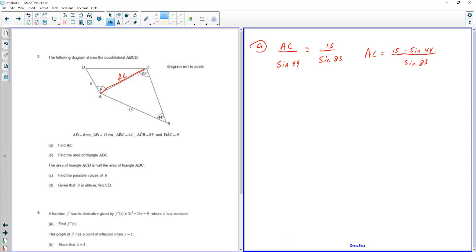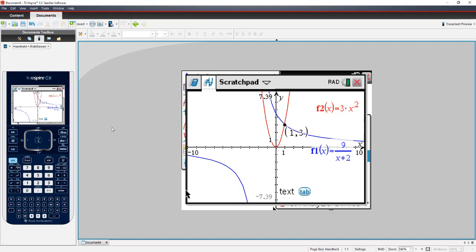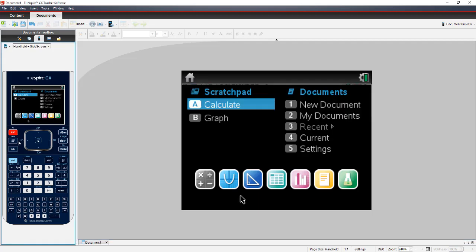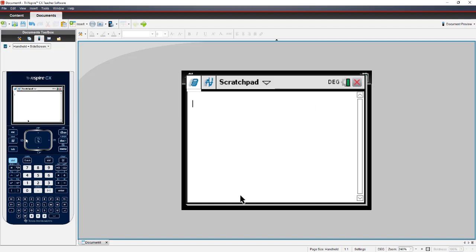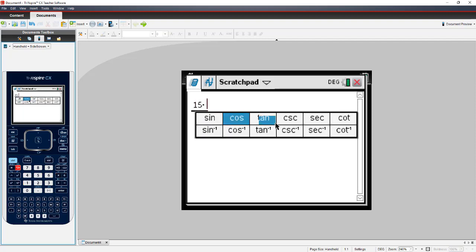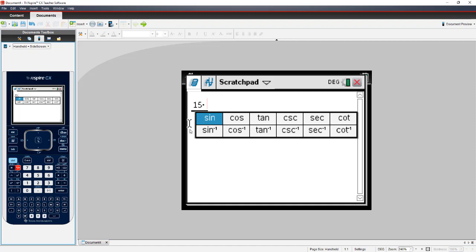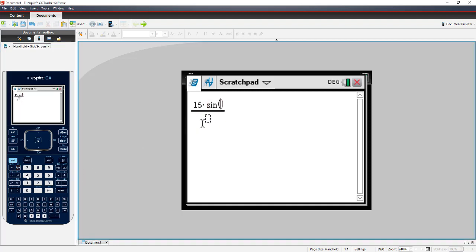And I'll just put that on a calculator. That's a pretty easy question. And that's in degrees. So I'll do that. I'll hit Control Divide, 15 times sine of 44. I'm trying to use my pen to do that, but it doesn't always register, so I'll use the mouse.